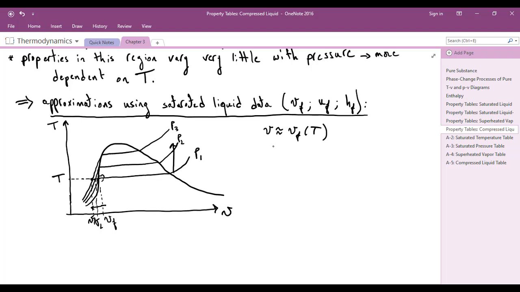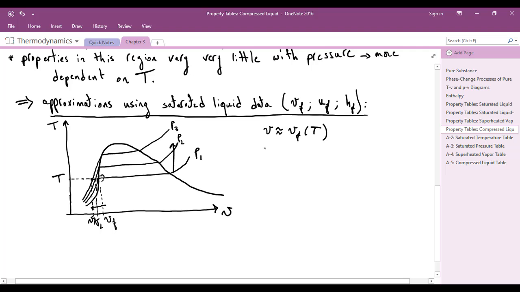To give you an idea, increasing the pressure 100 times will cause the properties to change by less than 1%. So we can say the specific volume V is approximately equal to Vf at a given temperature.